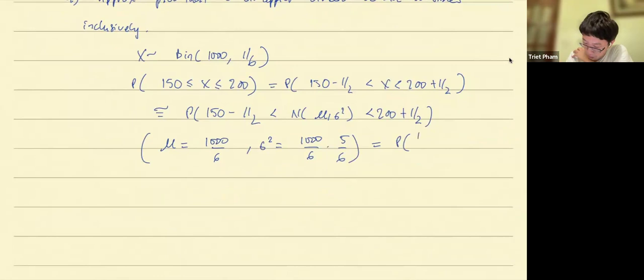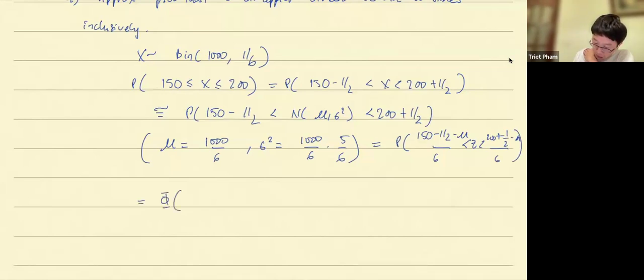So 150 minus 1/2 minus mu over sigma, less than Z, less than 200 plus 1/2 minus mu over sigma. Which finally we write as the CDF of the standard normal.